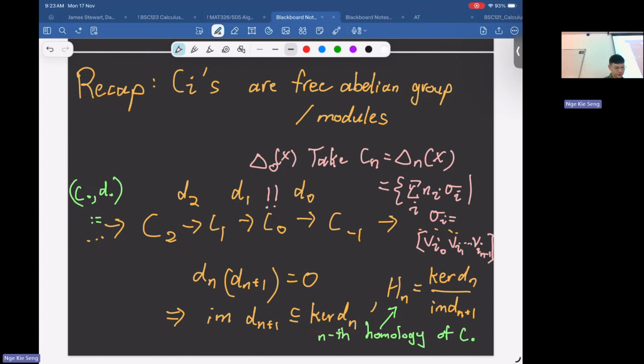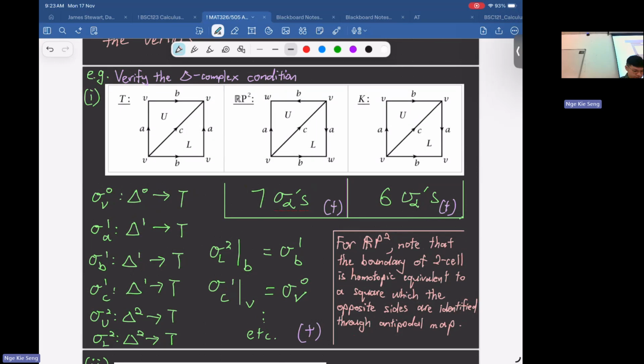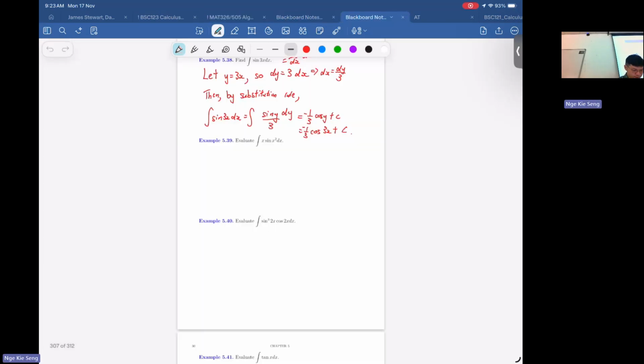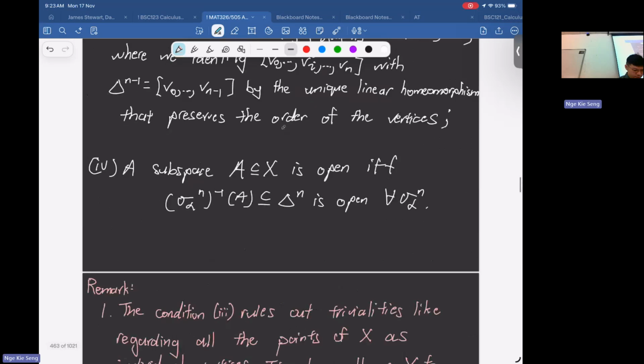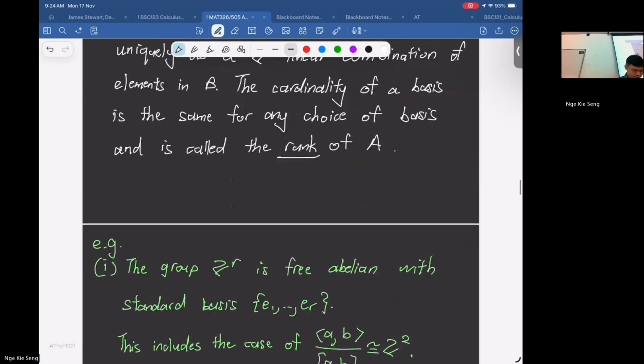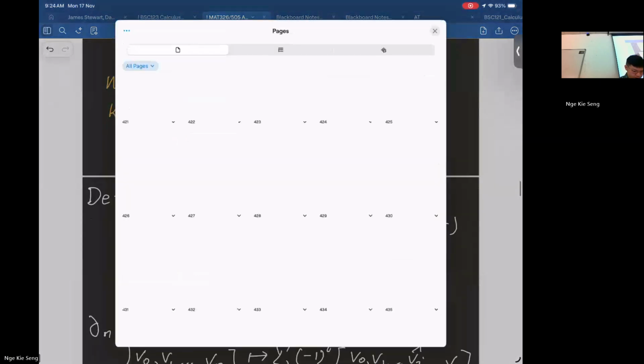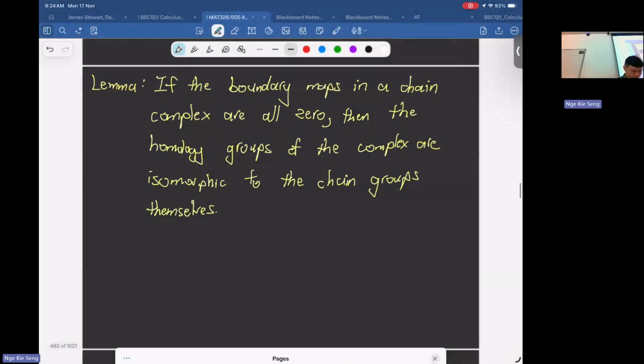Okay, so before going to example, we have one very obvious thing to see. If the boundary maps in a chain complex are all zero, then the homology groups of the complex are isomorphic to the chain groups. So does this make sense or not?